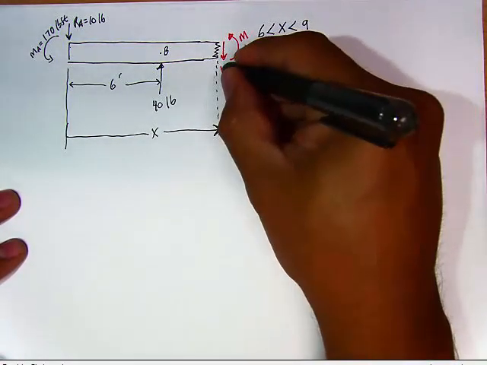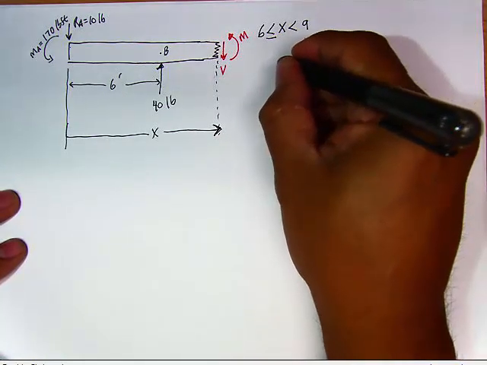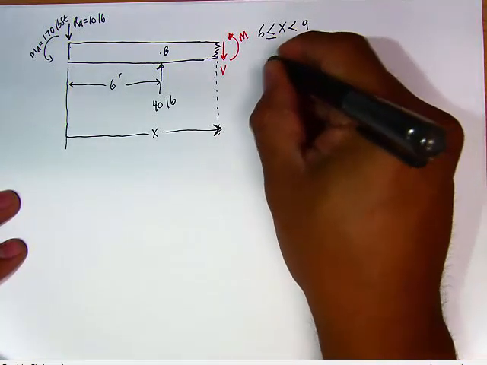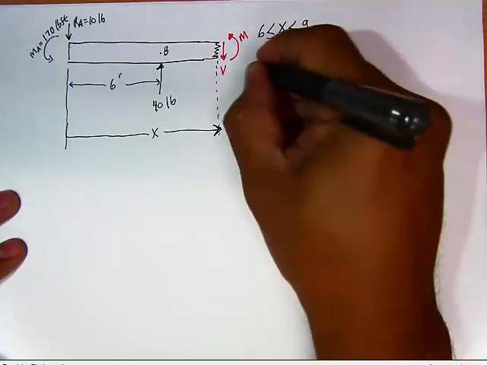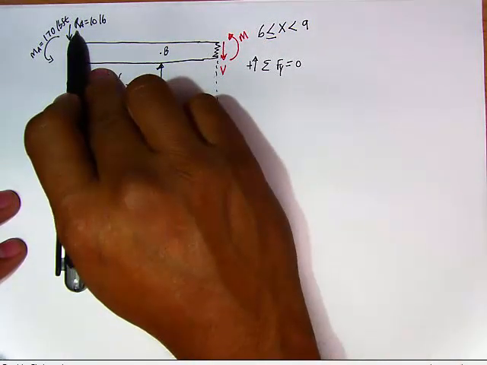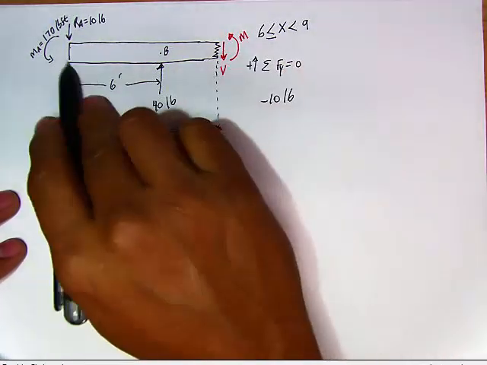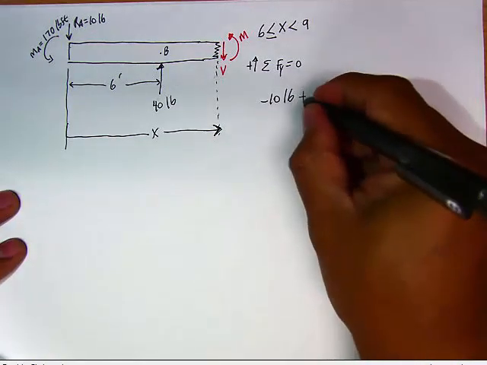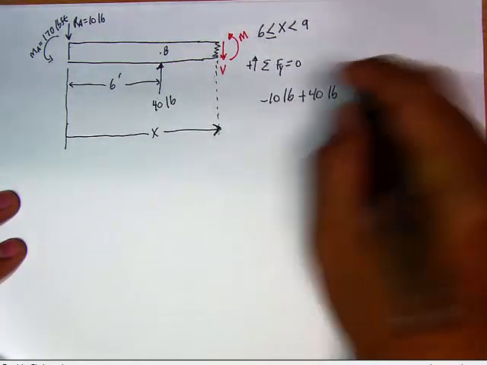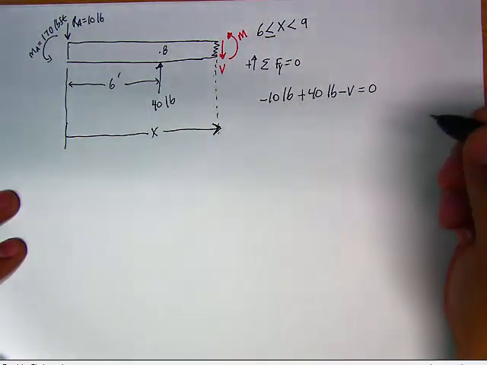So let's go ahead and solve for the equation of V, shall we? So V is solved by doing sum of the forces in the y-axis must be equal to 0. I consider up to be positive. And again, I start from left to right. I have a negative 10 pound. And then I have positive 40. And then I have negative V equal to 0.